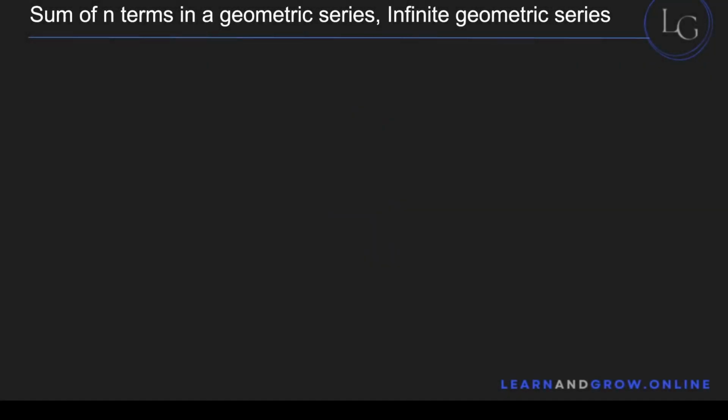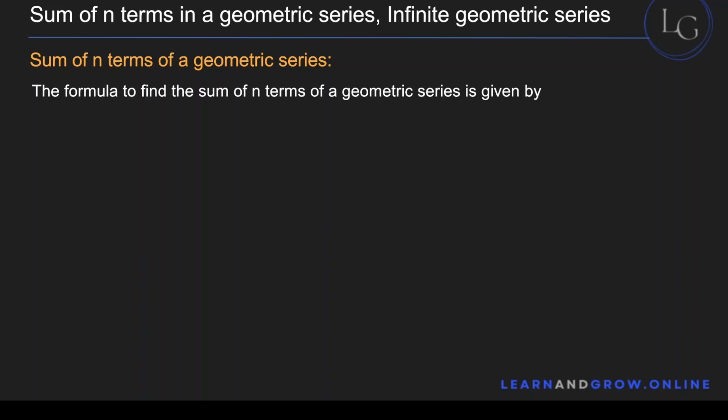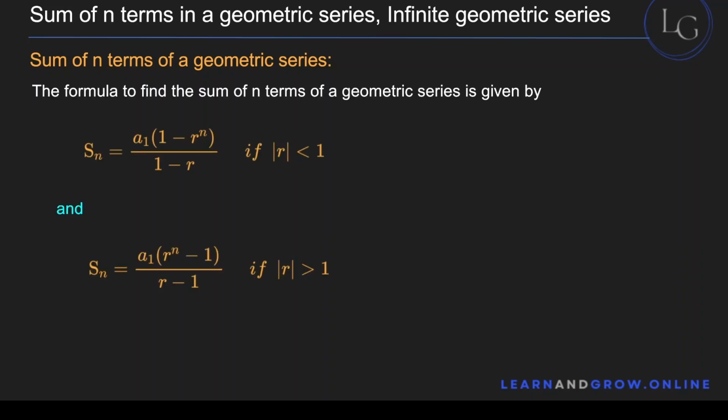Now, let's talk about the sum of n terms in a geometric series and the infinite geometric series. The sum of n terms of a geometric series can be found by two formulas.